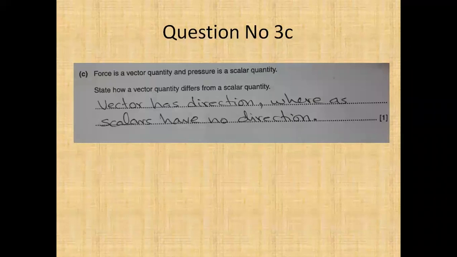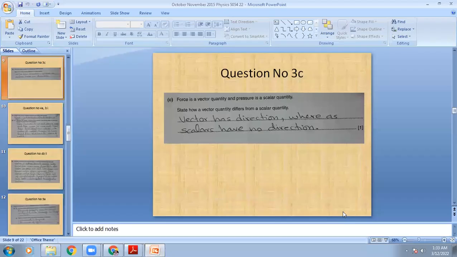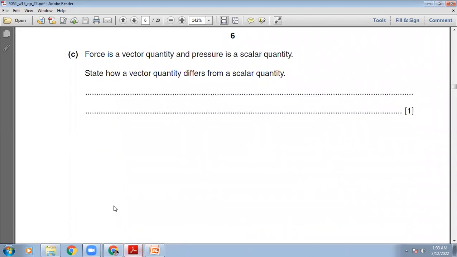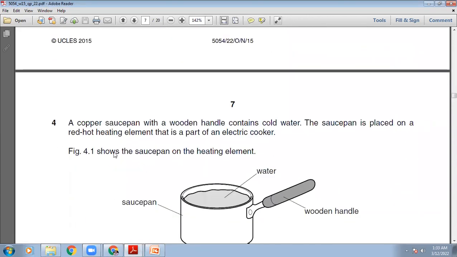Vector has direction, whereas scalars have no direction. Hopefully you understand. Let's have a look at the marking scheme. It says vector has a direction or scalar does not have a direction, or vectors may cancel or scalars cannot cancel.